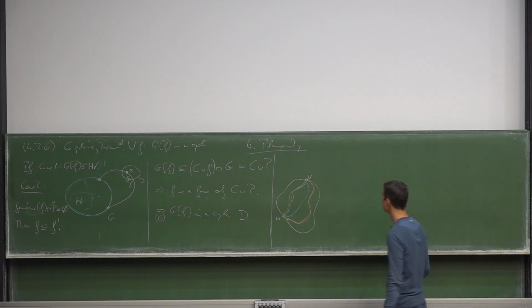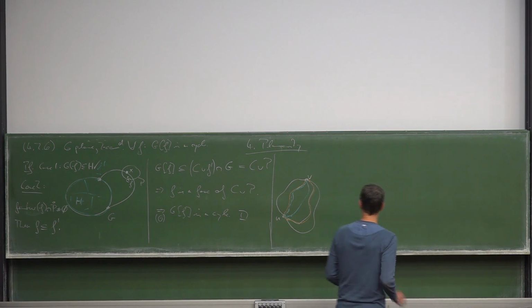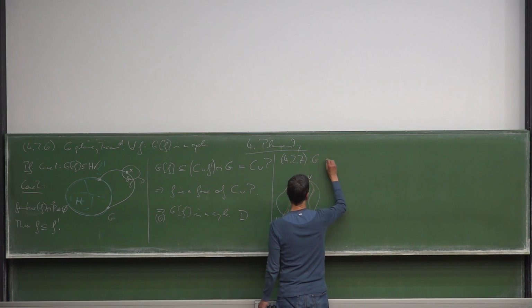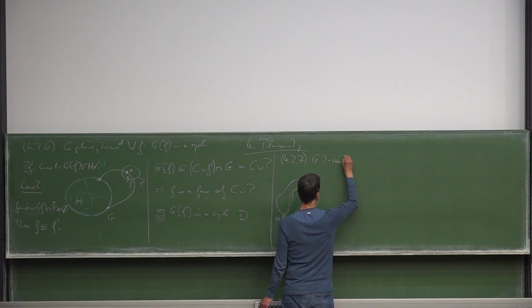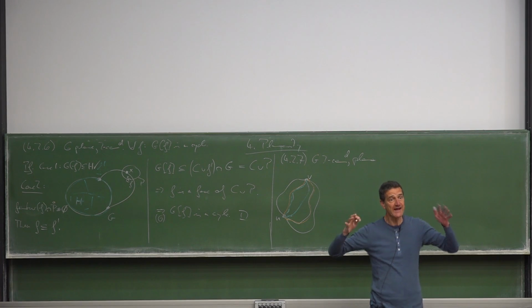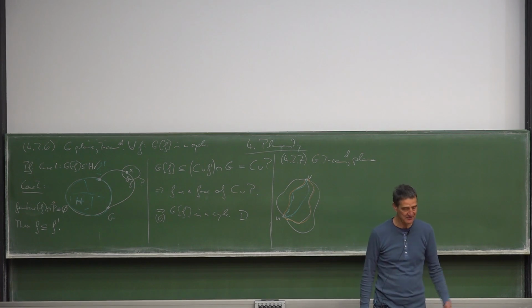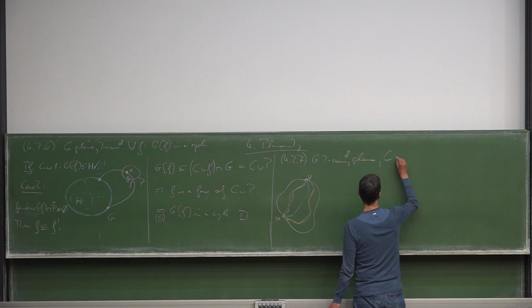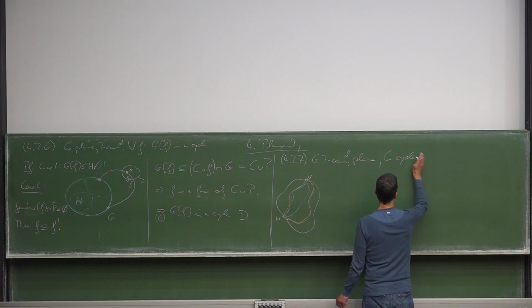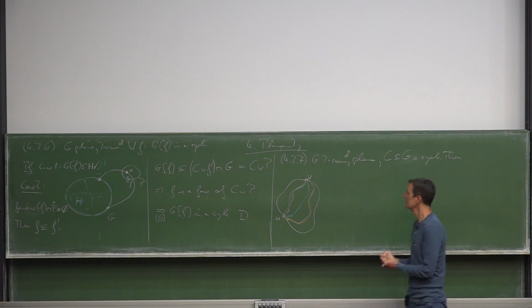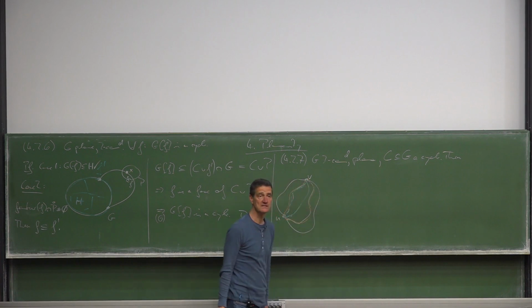So this is 4.7. If G is 3 connected and plane, so I mean G is a plane graph whose associated abstract graph is a 3 connected graph, and C is any cycle in G, then we can say whether C is a face boundary or not.